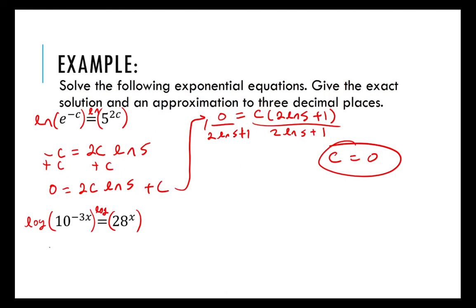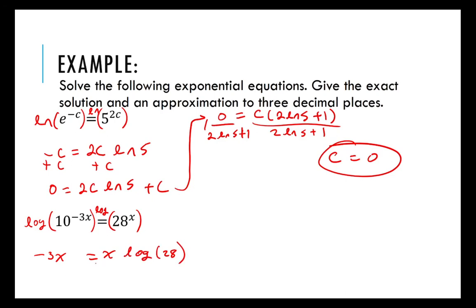At this point, I get negative 3x times log base 10 of 10. But log base 10 of 10 is 1, and so I'm not going to write it, which is then equal to x times log base 10 of 28. At this point, I need to play that same trick I did above.